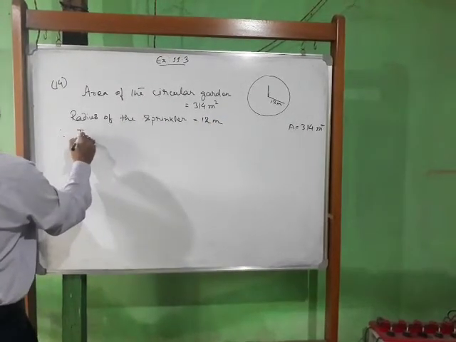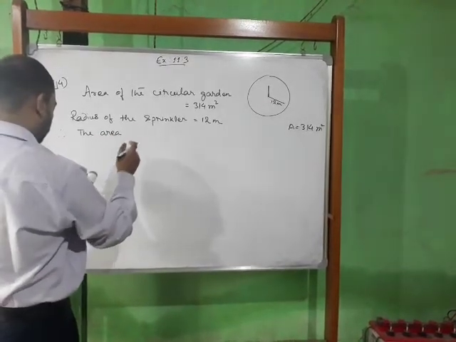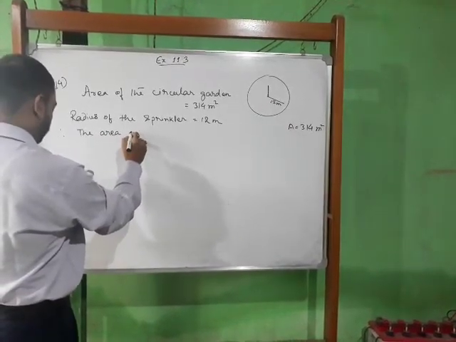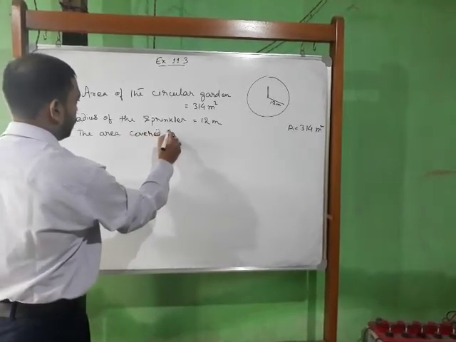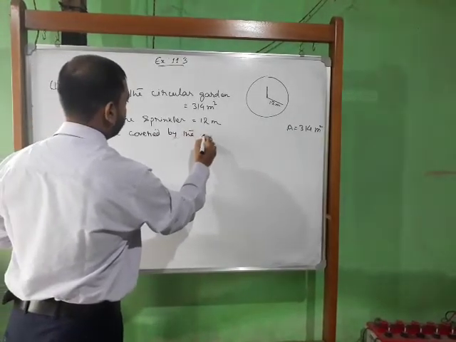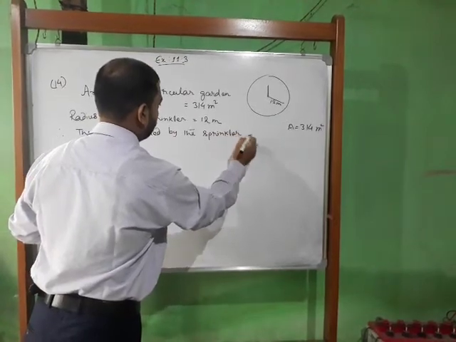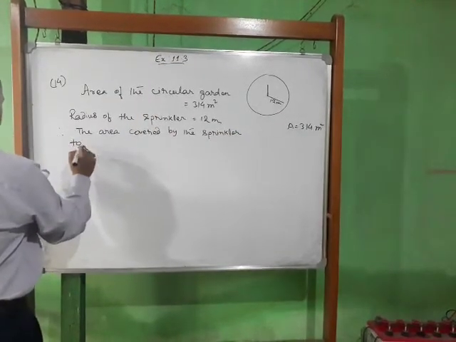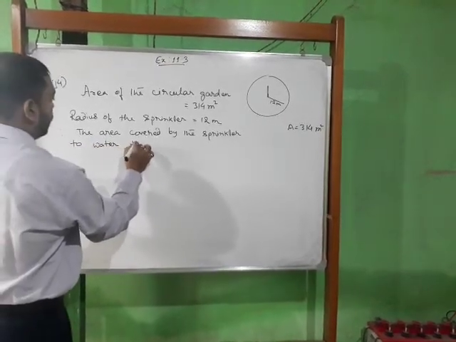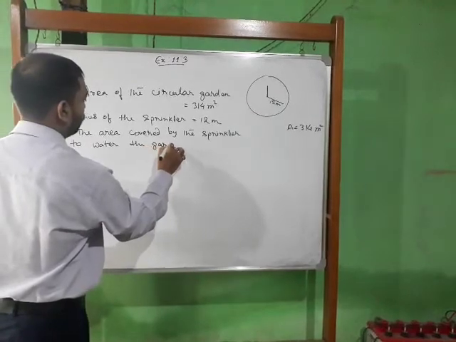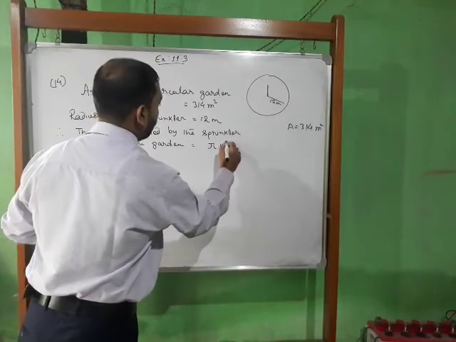Therefore, the area covered by the sprinkler to water the garden is pi r square.